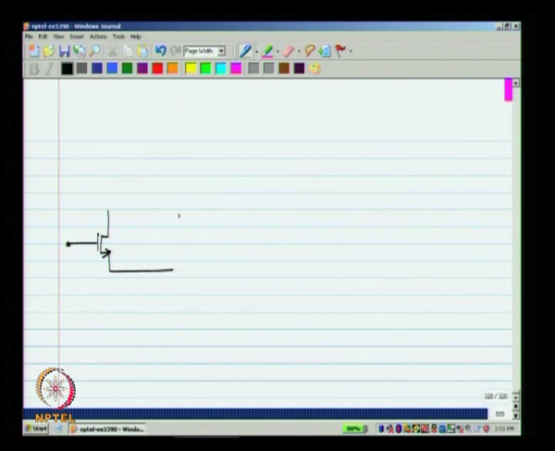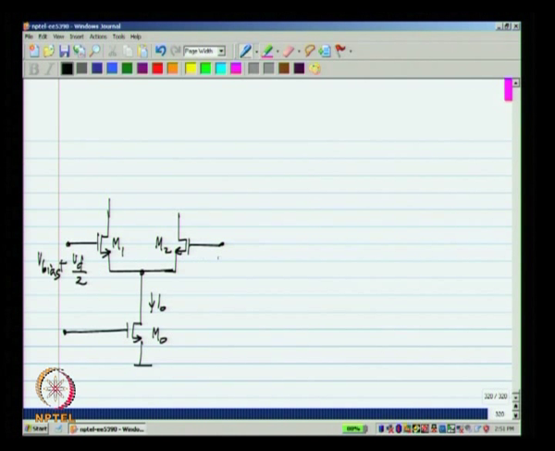If you take a differential pair, and apply a differential voltage to it, what we get are incremental currents which are equal and opposite. Okay.